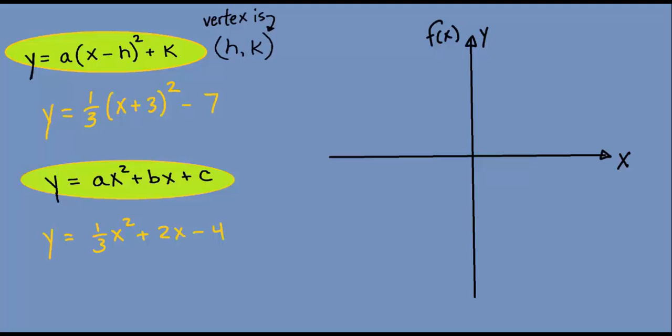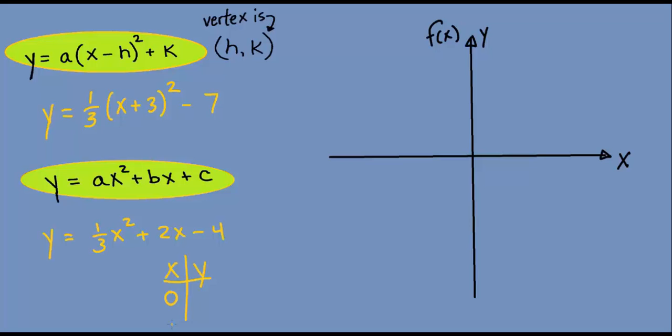And let's say we only were looking at this standard form here, 1/3 x squared plus 2x minus 4. So again, we know about the 1/3, that's the a. Let's make a quick table of values. And before you panic about me doing all sorts of points, I'm only going to do one, I think. I'm going to put in 0 for x. Nice and easy.